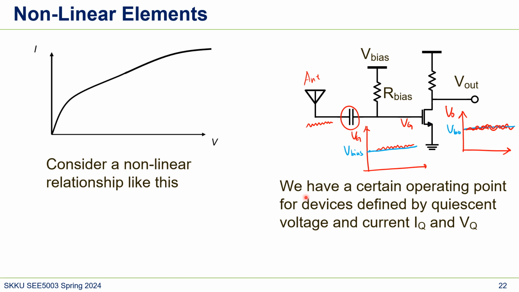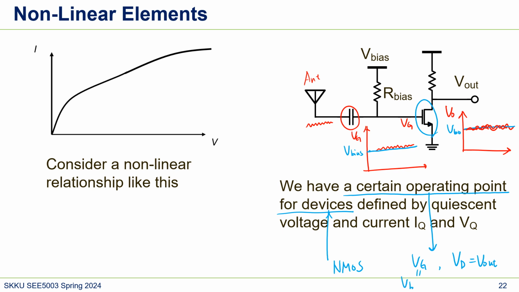Here, we have a certain operating point for devices. In our case, this would be NMOS, right? Because we have NMOS here. And this certain operating point corresponds to VG and VD, which is VO, V out. And what was the VG?